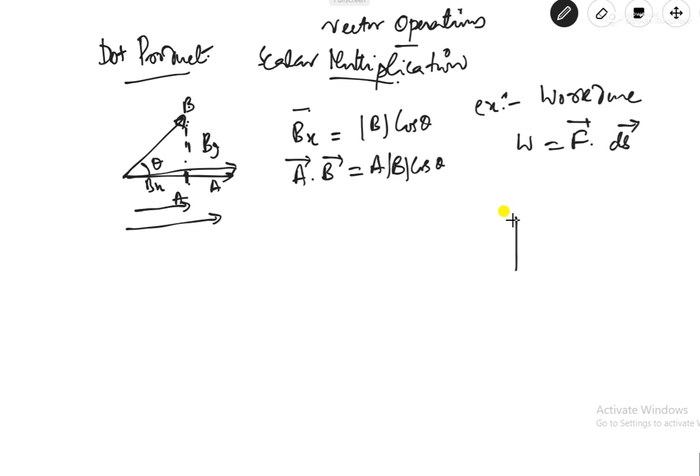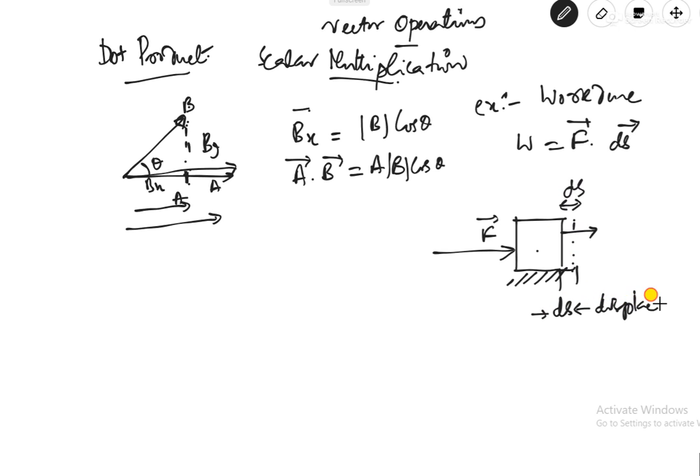Suppose there is an object here, and you are applying a force F on it, and it moves a distance ds, which is called the displacement, in the same direction as F. Then this becomes the dot product F dot S. So work done is equal to F dot S. In this picture, this is A and, suppose you make it bigger, this is B, with an angle theta.